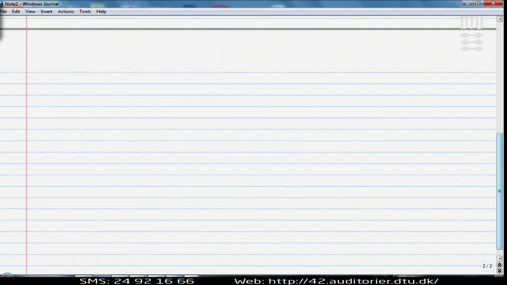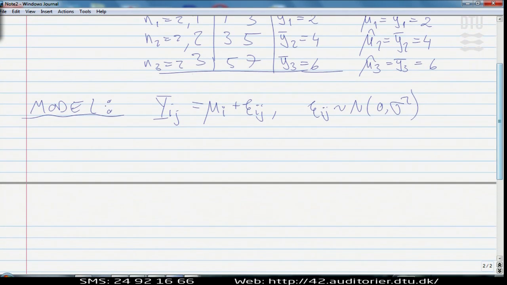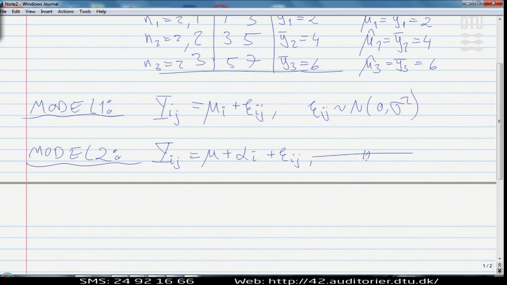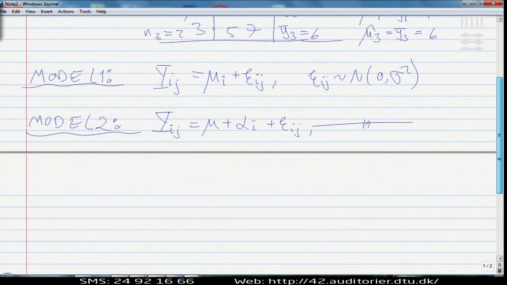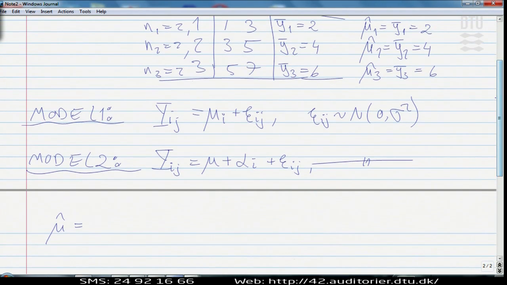You could say that's model 1. Model 2, still for one-way ANOVA, is the one that I used in my main lecture. I expressed it slightly differently, by having an overall mu plus alpha i plus epsilon ij, with the same assumption. Then I would estimate mu hat by the overall average, which would be 4, taking the average of all 6 data points.